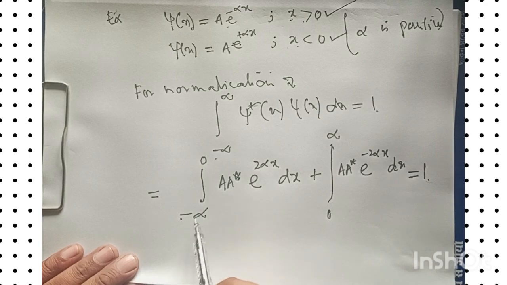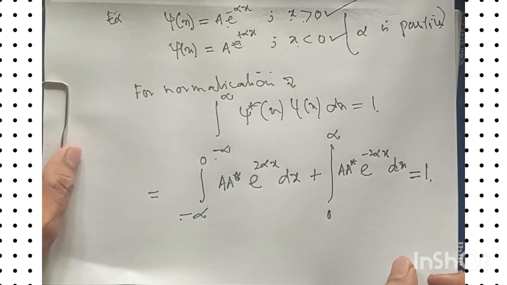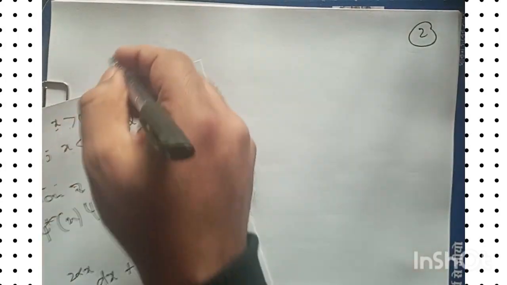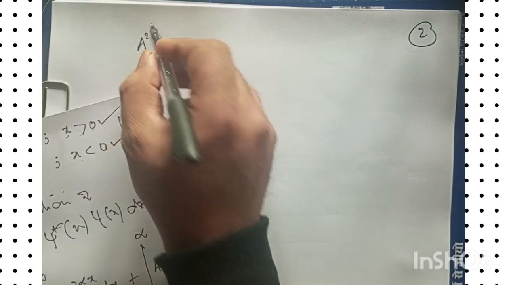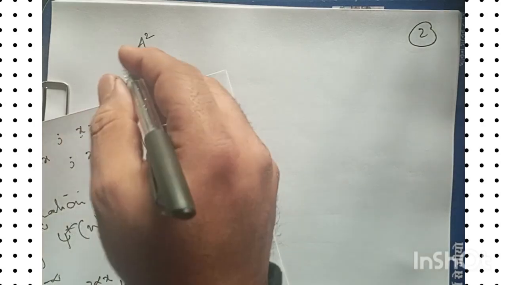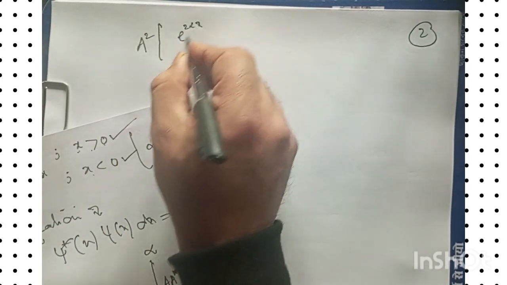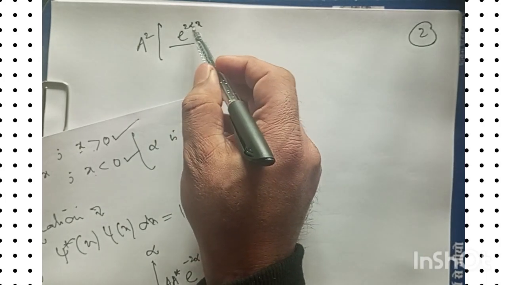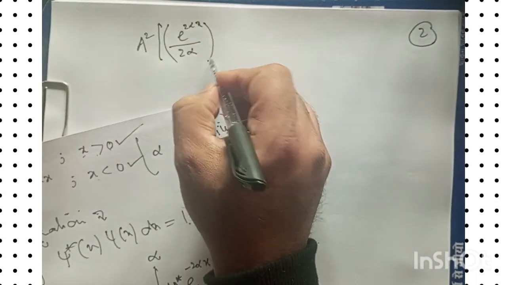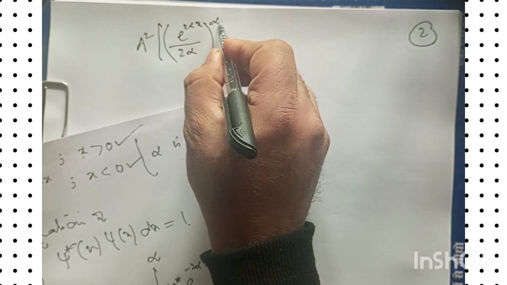Now this equation is very simple. We can integrate this exponential function in the easiest way. So what am I going to get after integration? Here I will get a squared out, because a star will give me a square, and then e to the power of 2 alpha x divided by the internal derivative of 2 alpha x, that will be 2 alpha, with limits from minus infinity to 0.